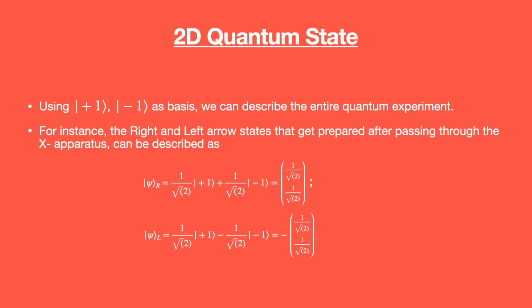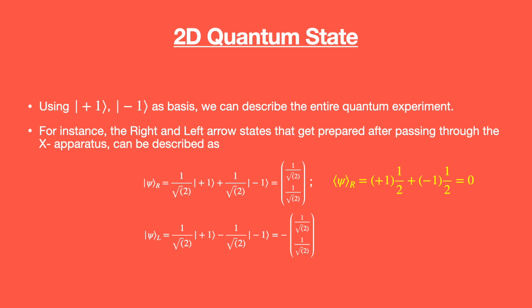Now, I do want to distinguish between the right and the left arrow as well. So a simple way I can describe the left arrow state is that instead of a +1 by root 2 multiplying the -1 state, I can use -1 over root 2 multiplying the -1 state.